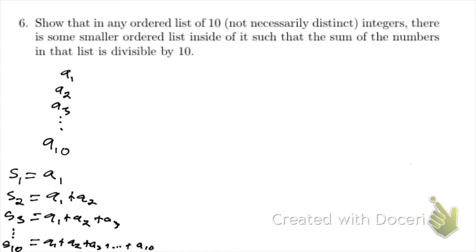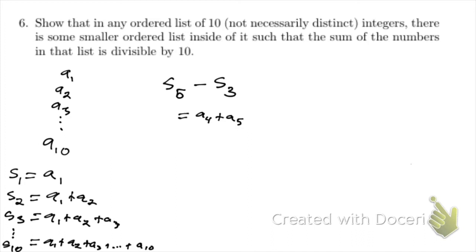So the difference of any two of these, for example, S5 minus S3, well, that's going to be A1 plus A2 plus A3 plus A4 plus A5 minus (A1 plus A2 plus A3), which is just going to be equal to A4 plus A5, right? So every difference between any two of these S sub and then a number is going to be the sum of some other list, like for example this one.